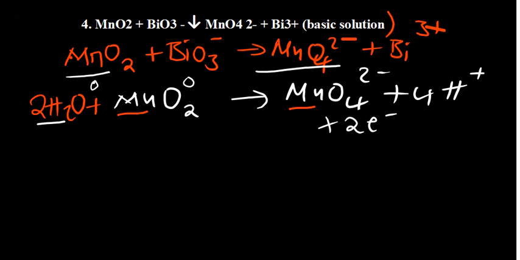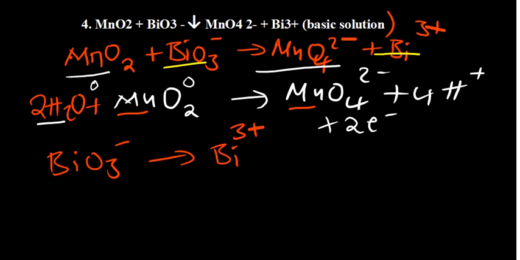We need to go on to the second half reaction, which is involving this and that. So let's try to write them now. That, giving us Bi3 plus. Okay, so is that balanced? Remember, we're supposed to balance all the other atoms before we look at oxygen and hydrogen.